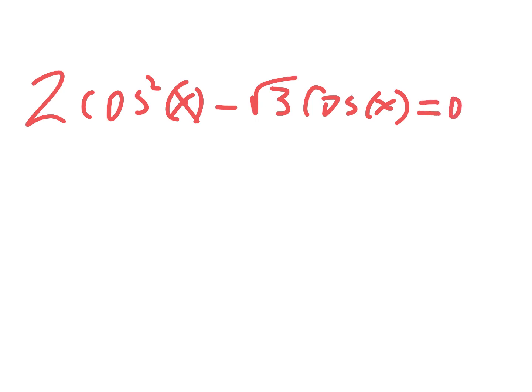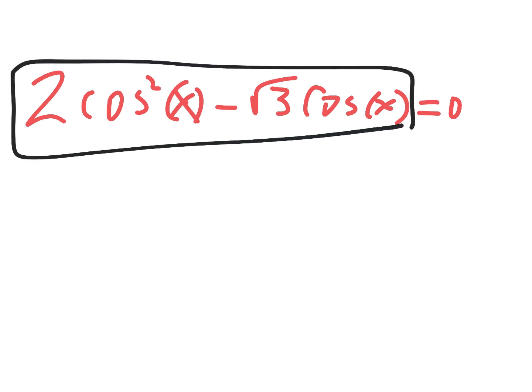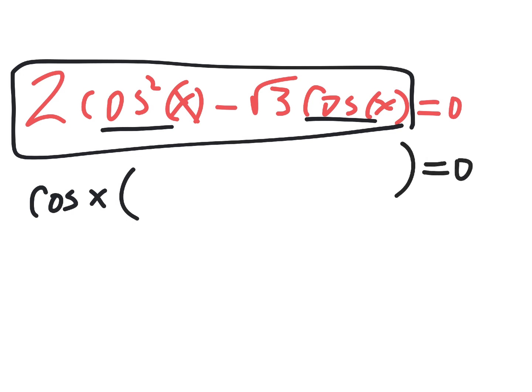Well, anytime something's equal to 0, I think to myself, can I factor it? Because if you can factor it, you should. Now, this wouldn't factor the normal way, but do you get they both have a cosine in them? And you can factor that cosine out. Now, I've factored it out, and I've got to see what I have left.